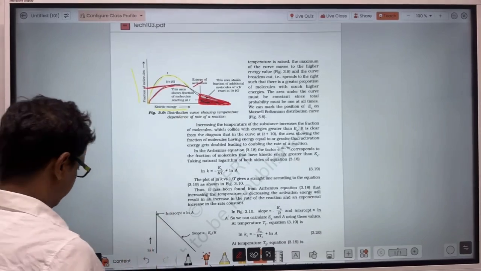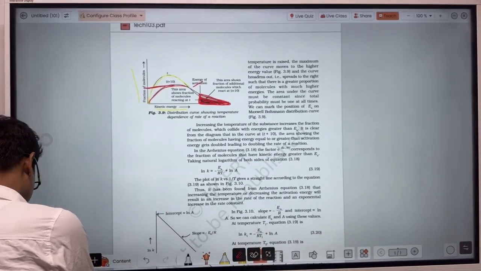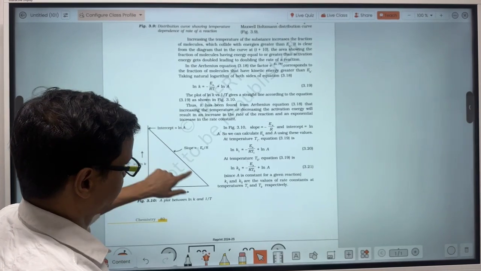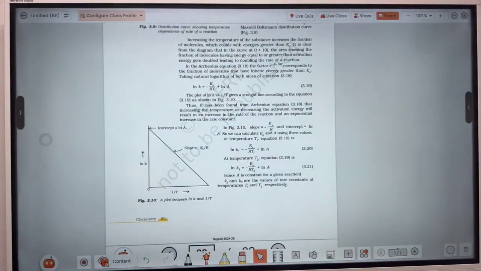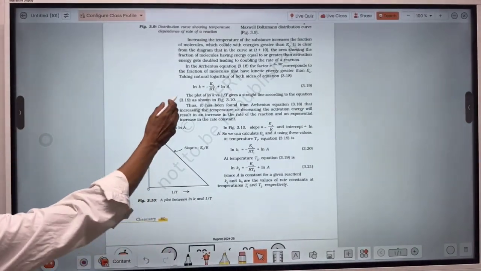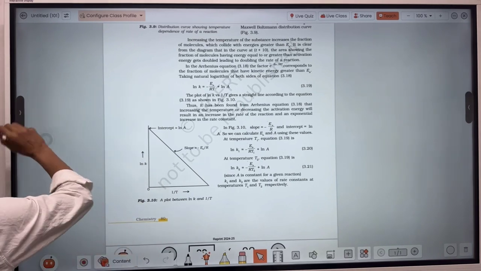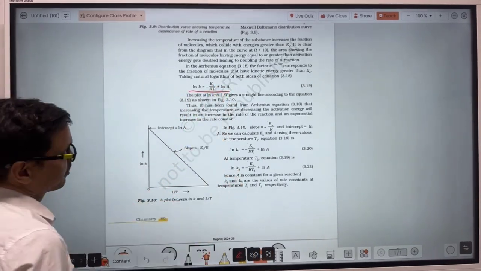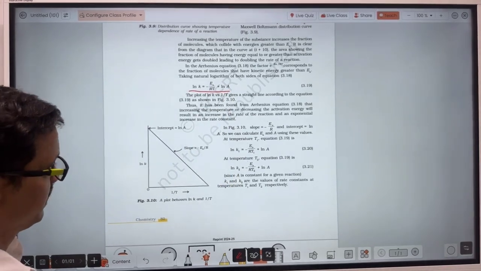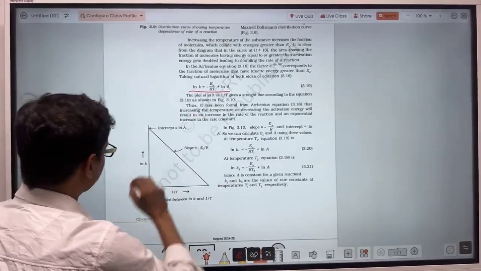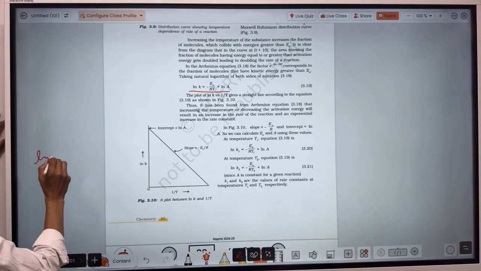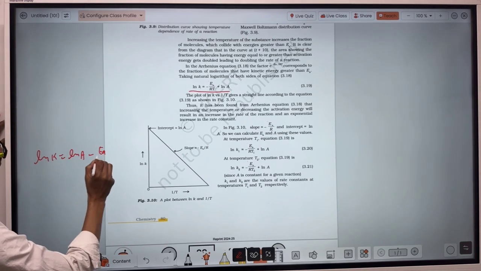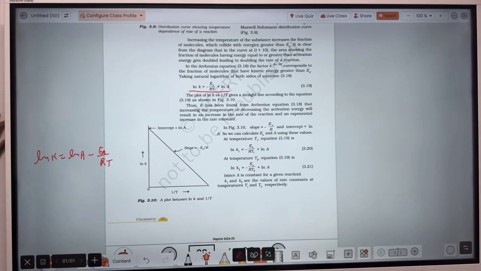Okay, we have plotted the graph. Here this equation we have derived, and now we consider this graph. You have already studied, log K equals minus Ea upon RT plus log A. So you can also write log K equals log A minus Ea upon RT.